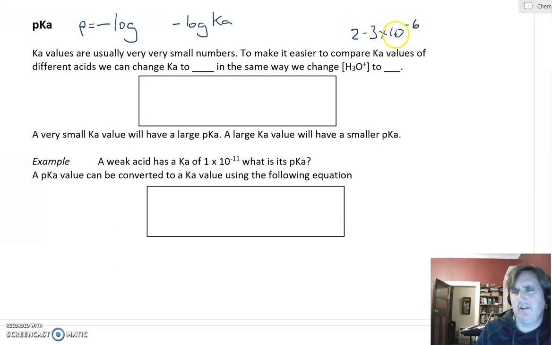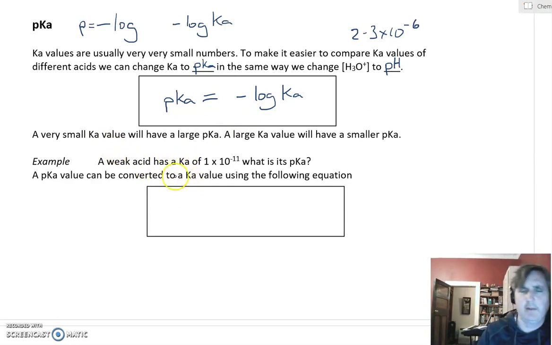Generally, those types of numbers are difficult for a lot of people who aren't confident in maths to interpret or to find out what's bigger or smaller. So if we put it into a negative log, it gives us a number of just a couple of digits. We can change a Ka to a pKa in the same way that we change H3O plus to pH. pKa equals negative log of the Ka. Whatever the value for Ka is, we negative log it, and we get the pKa.